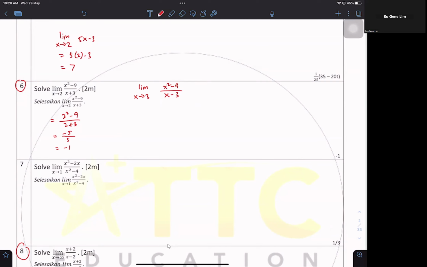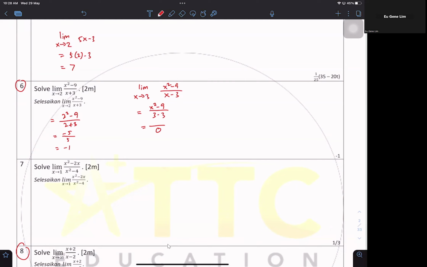Exam will come out like this: limit x into 3, x squared minus 9 over x minus 3. This is the one. You see, if you substitute, what will happen? No matter what is on top, the bottom will be 0.